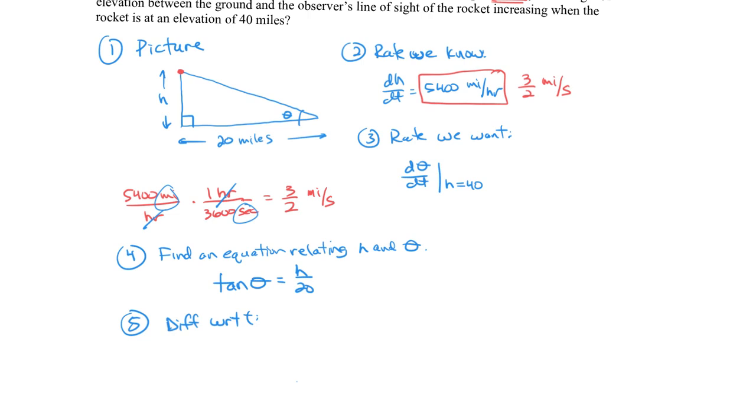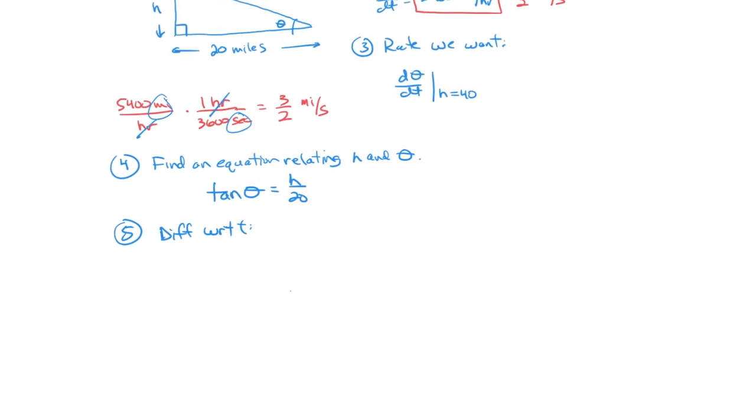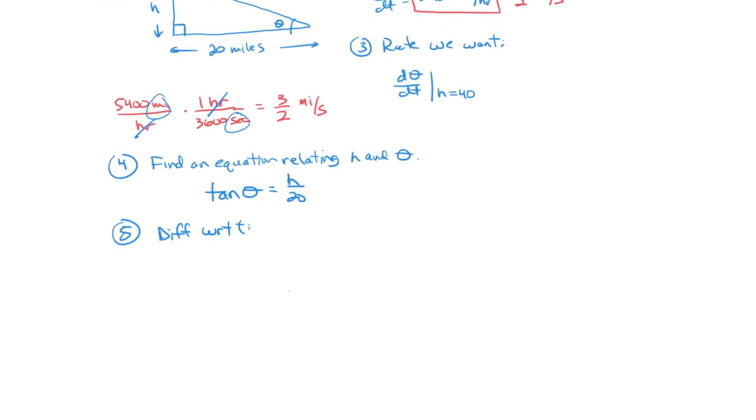All right, derivative of tangent theta is secant squared theta, right? So we will get secant squared theta d theta dt. Remember, we're differentiating with respect to t, and there is no t here. This is theta, so we're going to use implicit differentiation.